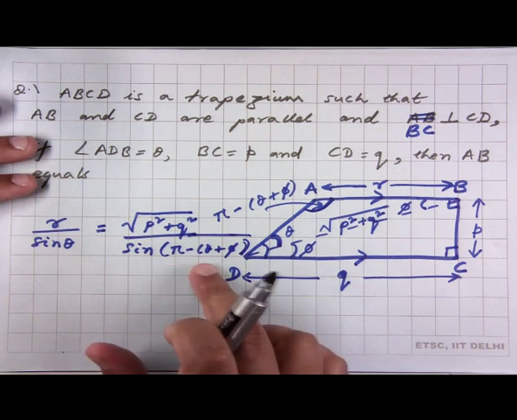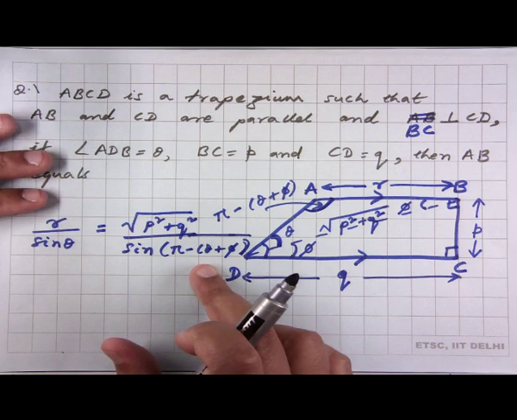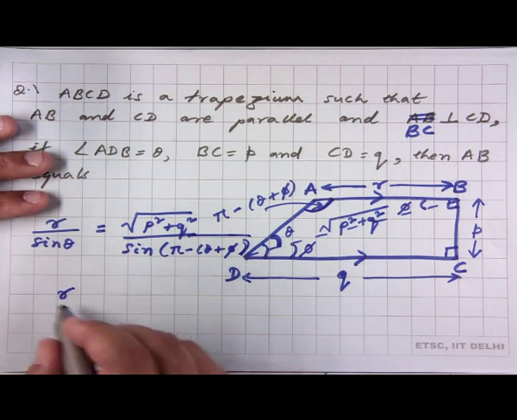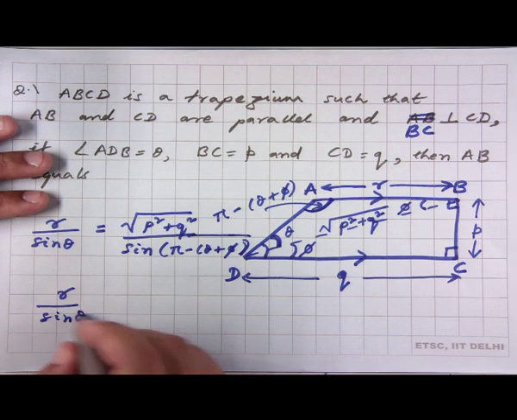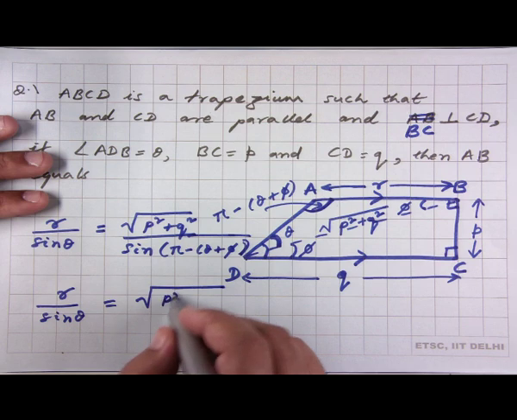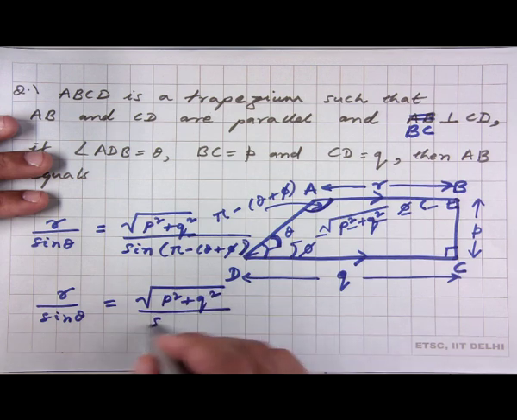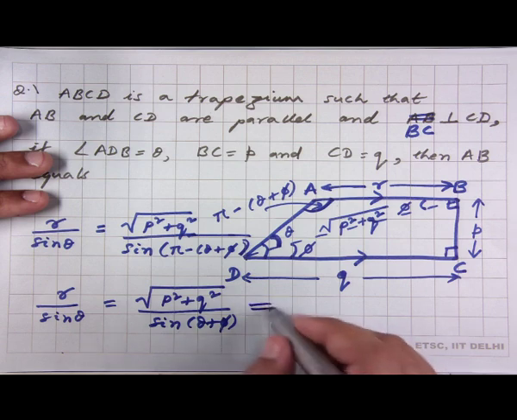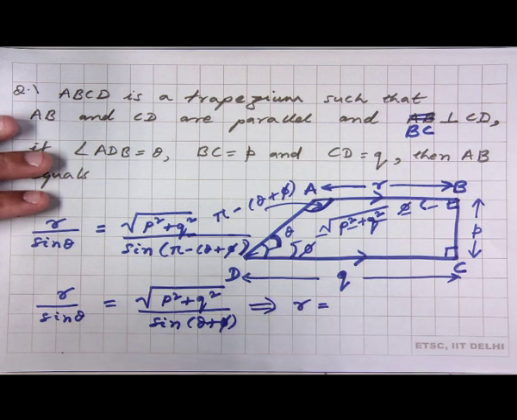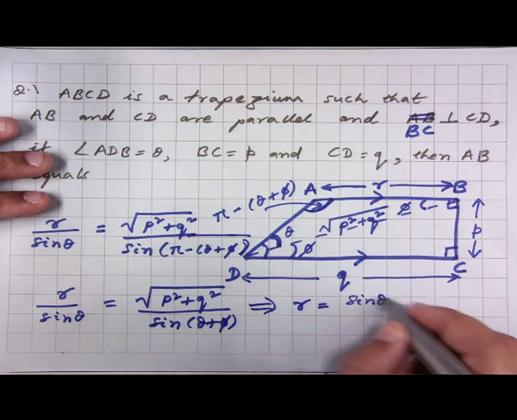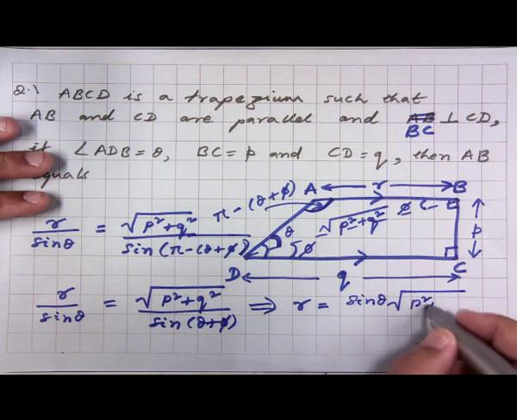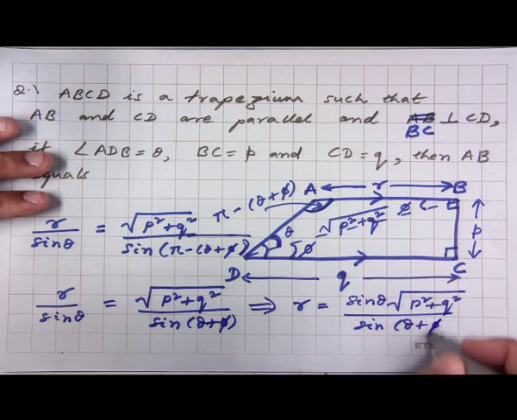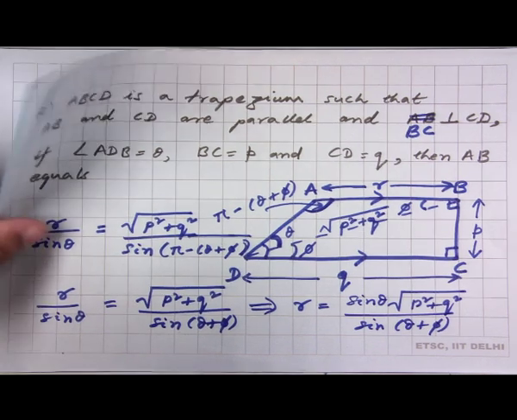But sine of pi minus (theta plus phi) is the same as sine of theta plus phi, and therefore, this equality becomes R over sine theta equals square root of P square plus Q square over sine of (theta plus phi), from where we finally have R equal to sine theta into square root of P square plus Q square over sine of (theta plus phi), which can be further simplified.